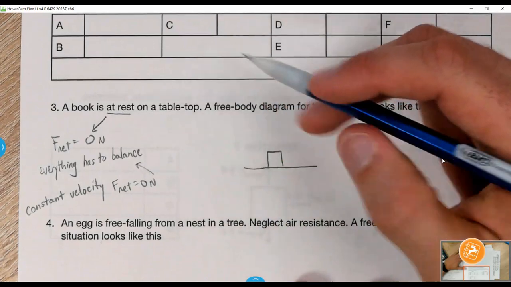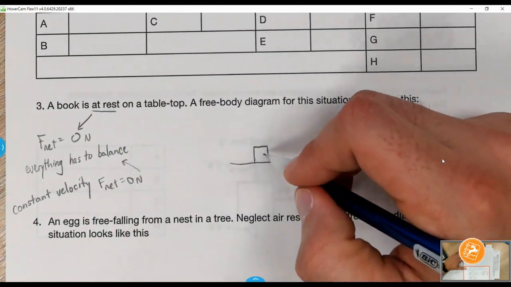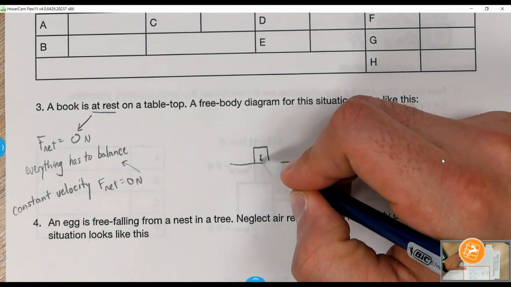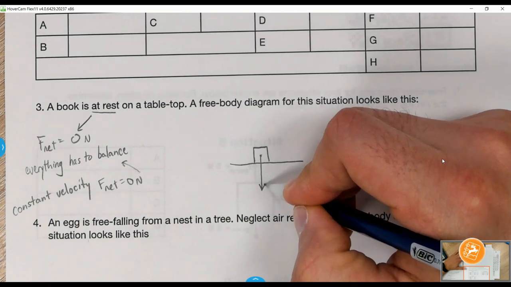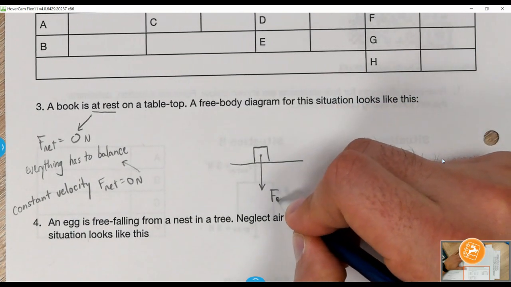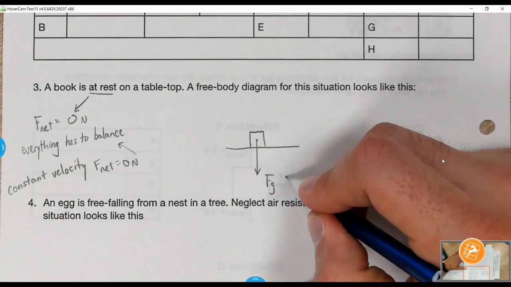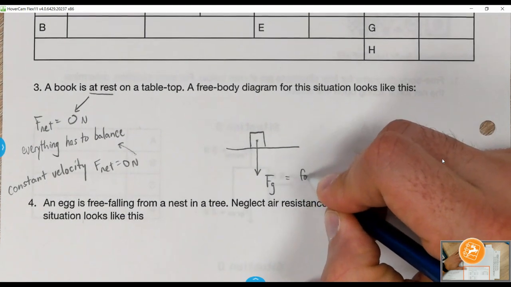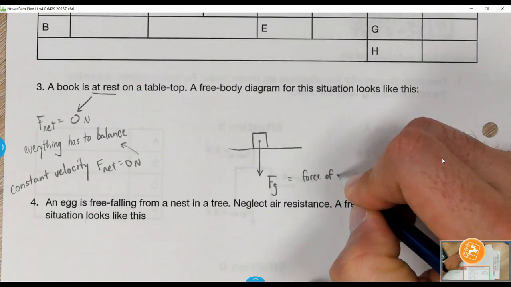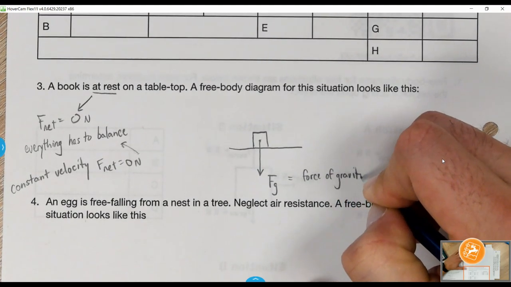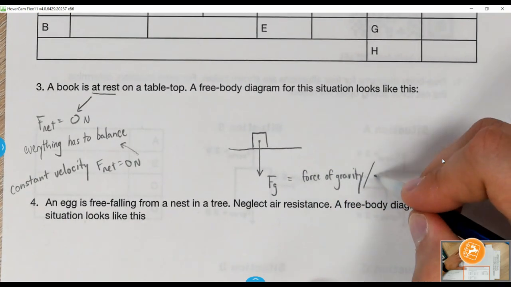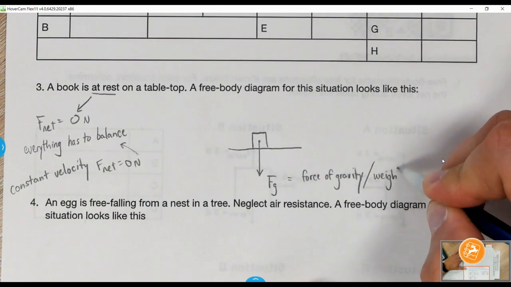This is at rest. So yesterday we mentioned one of the forces. Anything that has mass and is under the influence of gravity has F sub g, which is your force of gravity on the object, or what we will also call the weight of the object.